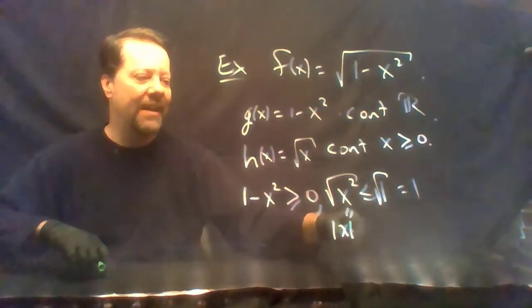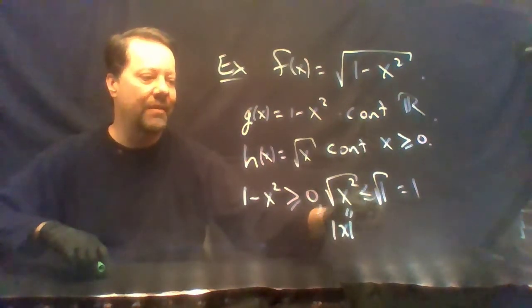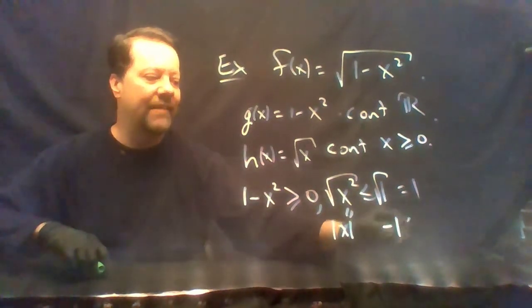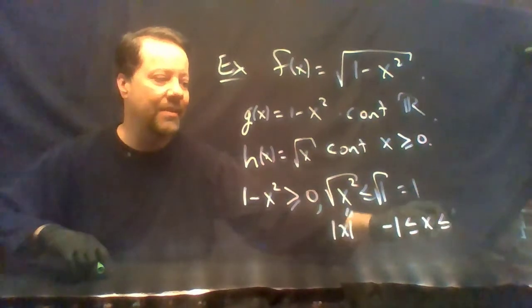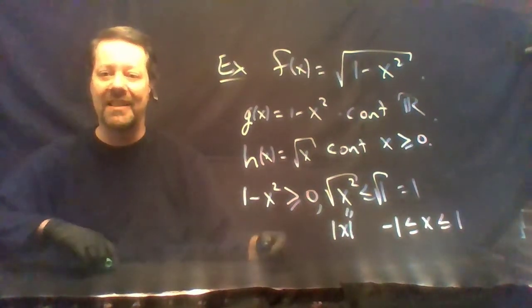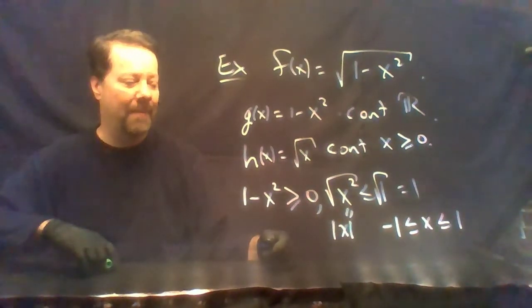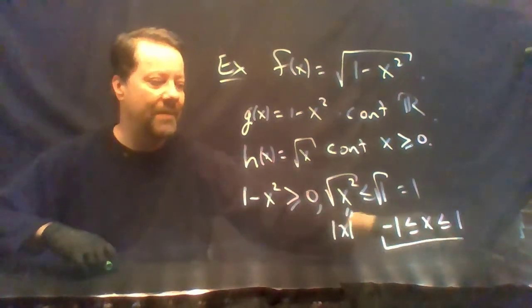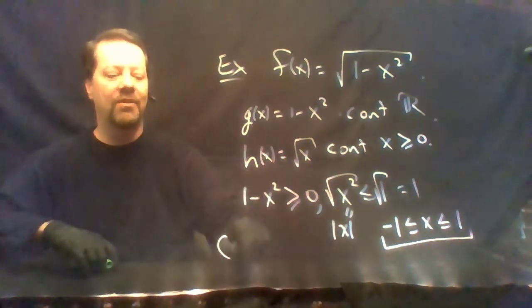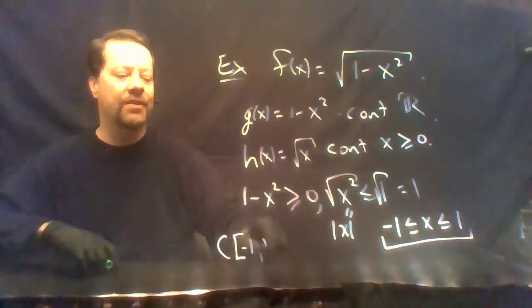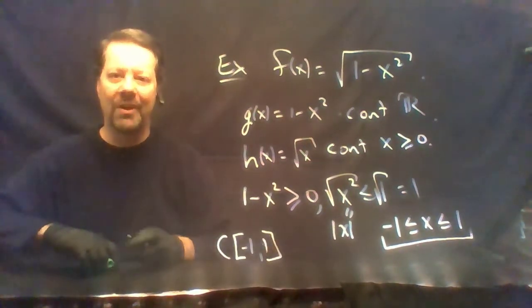The absolute value of x less than or equal to 1 is equivalent to negative 1 less than or equal to x less than or equal to 1. That's how you solve these absolute value inequalities. So this ends up being the set of points of continuity. We're in the class of continuous functions from negative 1 to 1.